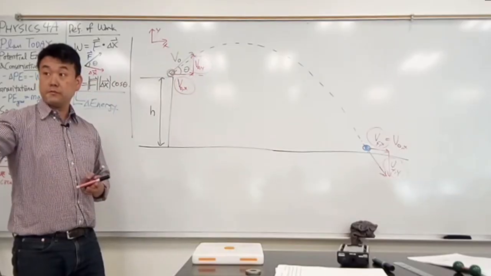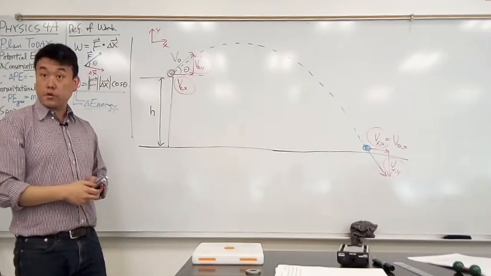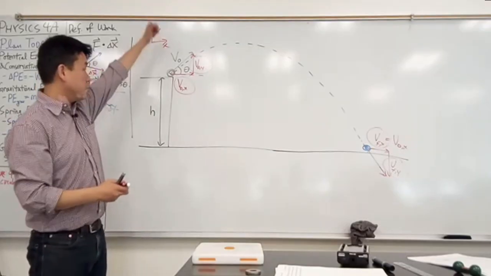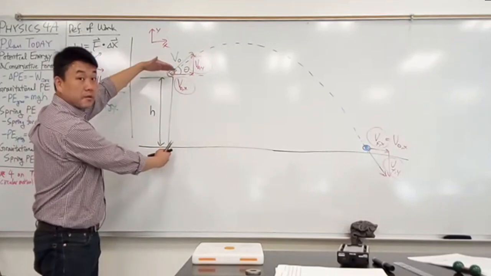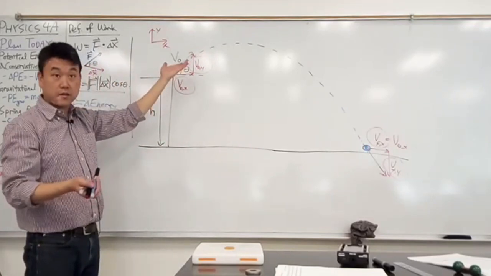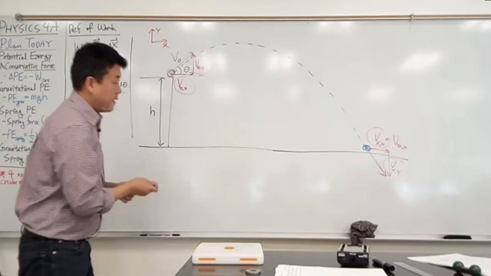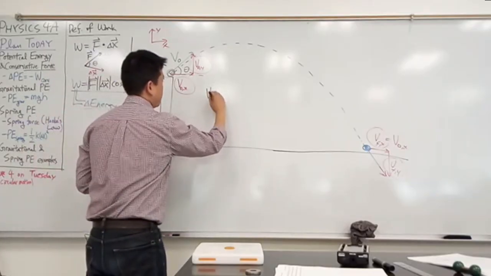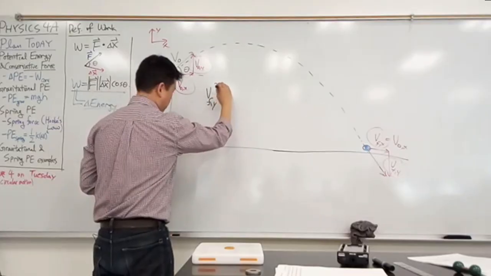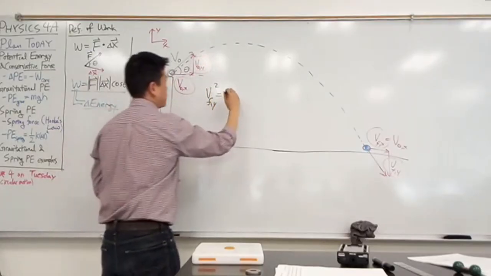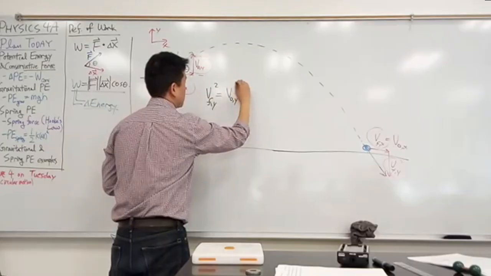Yeah, I can use the v squared formula. I can treat vertical motion like a 1D motion with some initial velocity, displacement, and constant acceleration. So let me write that down. I can say v final y squared is equal to v initial y squared.